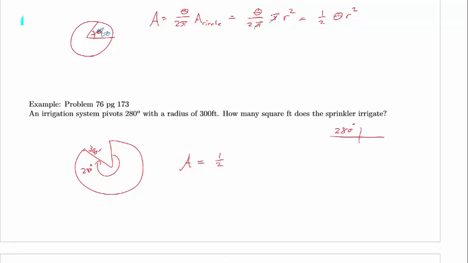We have 280 degrees, and then there are 180 degrees in pi radians, which will get us 14 pi divided by 9. Alright, so we put that in there. 14 pi divided by 9 multiplied by the radius of 300 feet squared.